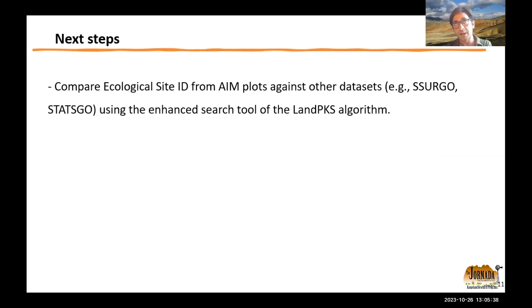So just to summarize, what I'm doing in the next steps is to verify the ecological site ID from AIM plots against other datasets. We know the ecological sites are identified by multiple institutions, especially the NRCS. So using this dataset from NRCS, we want to compare the ecological sites identified by the AIM crews. And to do that, I'm using the LandPKS algorithm to enhance this search.